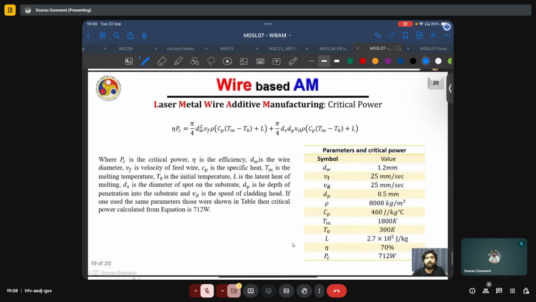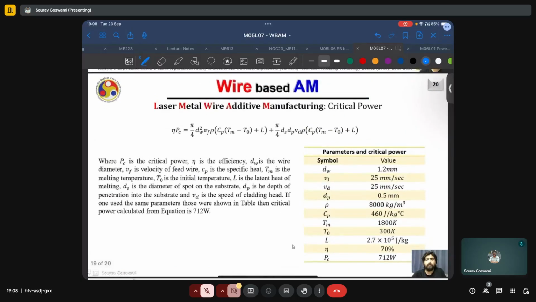And we also have this very useful equation for critical power, which relates the critical power, efficiency eta, wire diameter dw, velocity of feed wire, specific heat of the material, melting temperature, ambient temperature or preheat temperature, latent heat of melting, laser spot size, depth of penetration, and speed of cladding head.